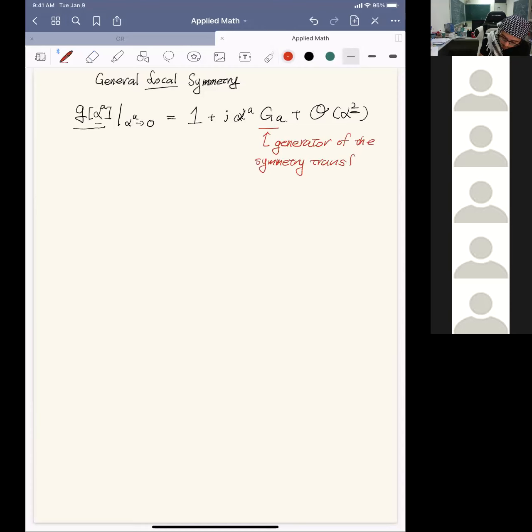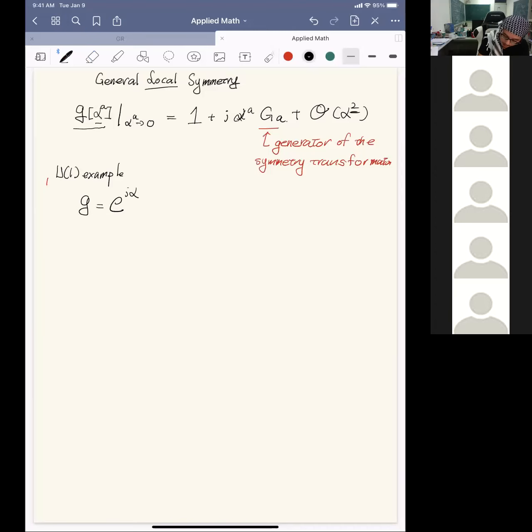Now in our previous case, the U1 example, we know that our G looked like exponential i alpha.